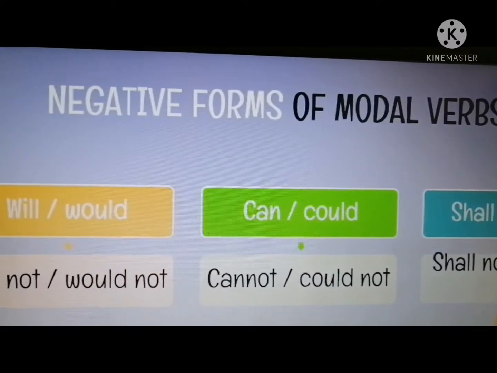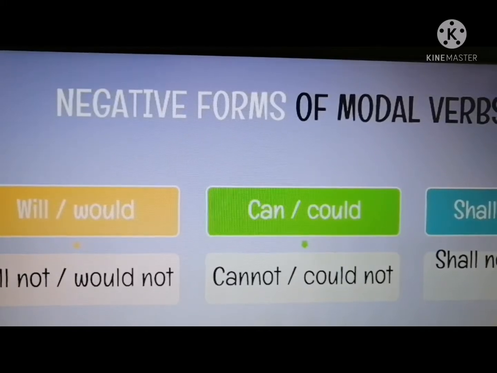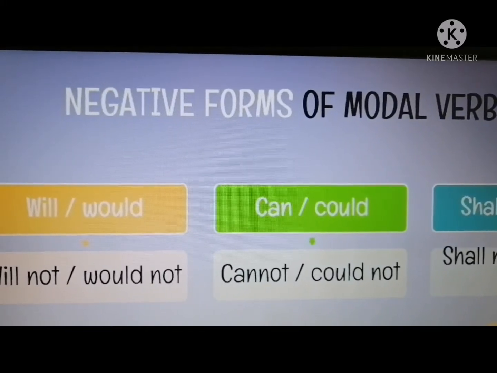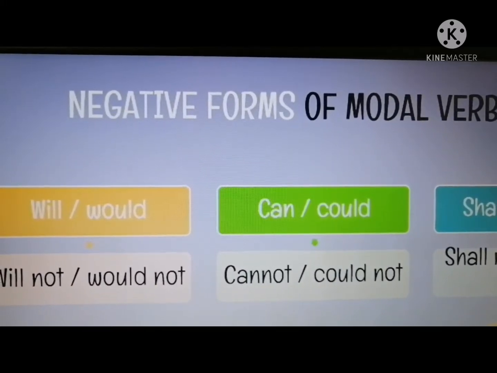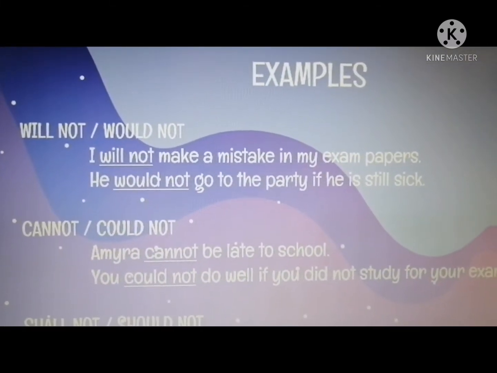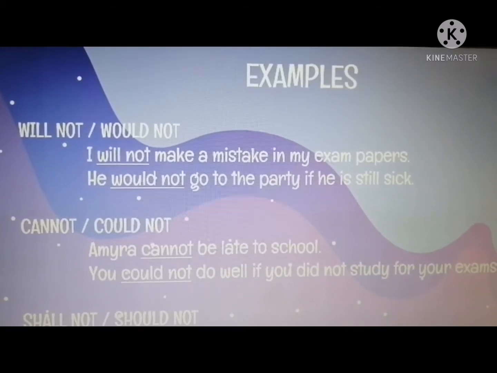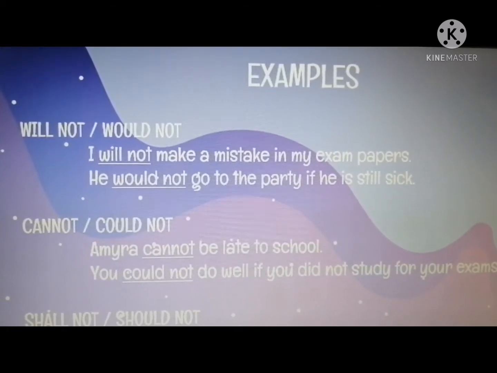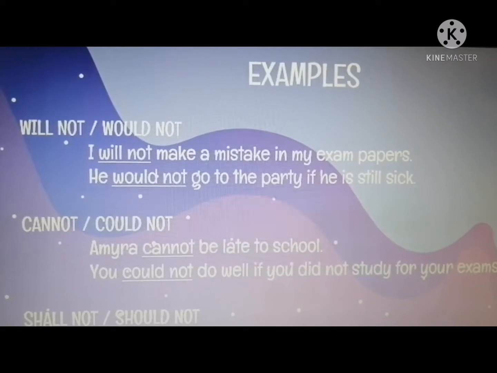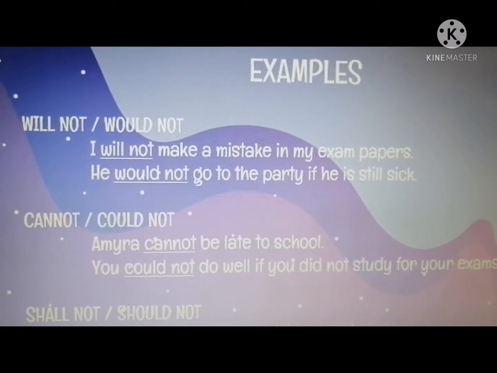So these are the opposite of what we did. So let's look at some examples of the sentences. Will not and would not. I will not make a mistake in my exam papers. He would not go to the party if he is still sick.